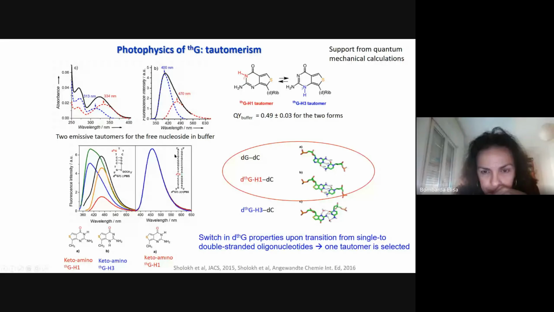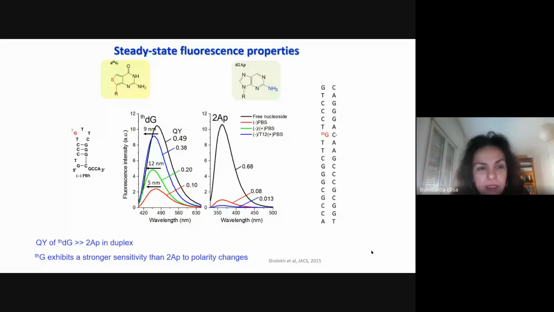And this aspect can also be used to probe something, because, for example, in duplex the H1 is favored, and so you see a different emission signature when thienoguanosine is in duplex than when it's in some single strand structure, where there is also the contribution of the other tautomer.